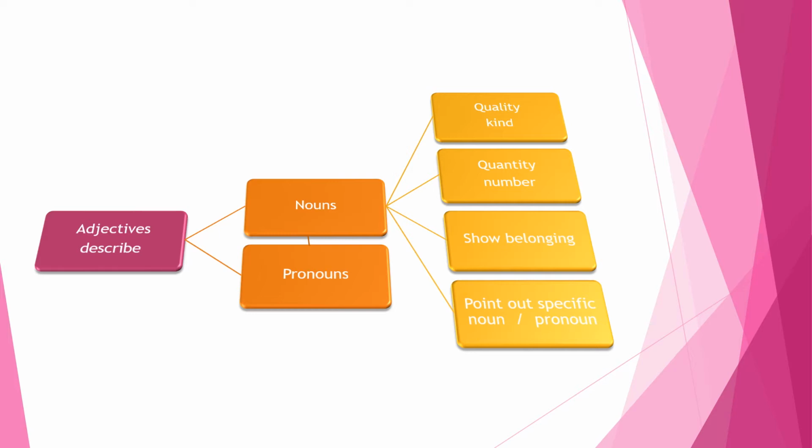These adjectives tell us about the kind of nouns and pronouns, the number of nouns and pronouns, the belonging of these nouns and pronouns, as well as the specific noun or pronoun. So, adjectives help us to understand a noun and a pronoun in a better way. It also enhances a sentence. It describes a sentence and a noun in a proper way.